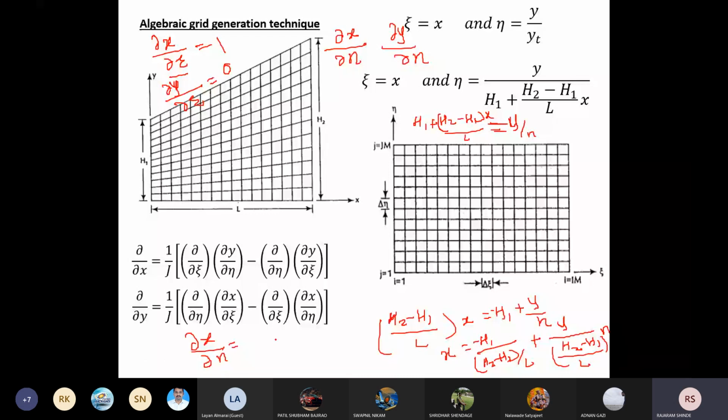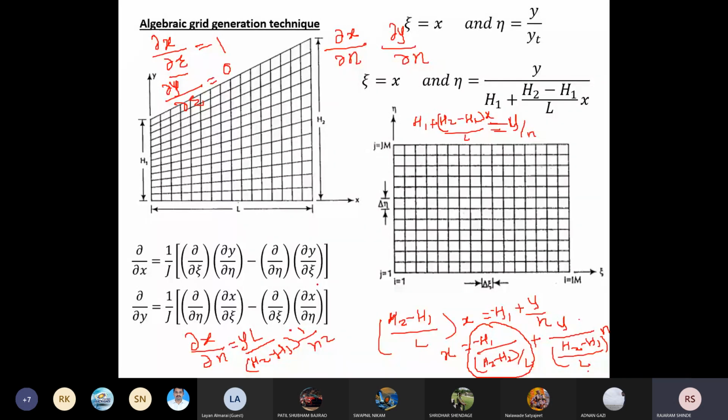Now this L I am going to take here, that is yL divided by (h2 minus h1), which is a multiplying factor. Now you have to calculate only the derivative of 1 upon η, and that is minus 1 over η squared. That is yL divided by (h2 minus h1) η squared, the derivative of x with respect to η.